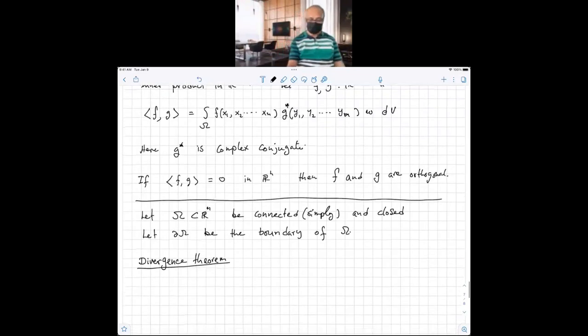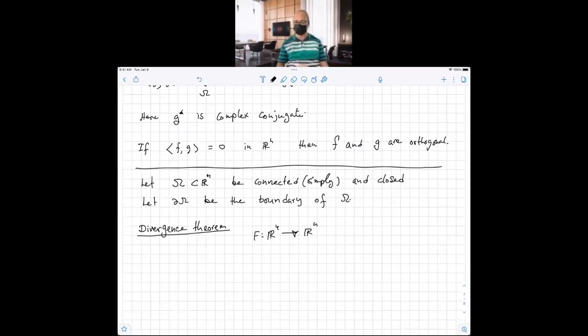That's very easy. We say f is from Rn to Rn. In vector calculus we did not say it that way; we said let f be a vector field. We don't have to say it is a vector field.